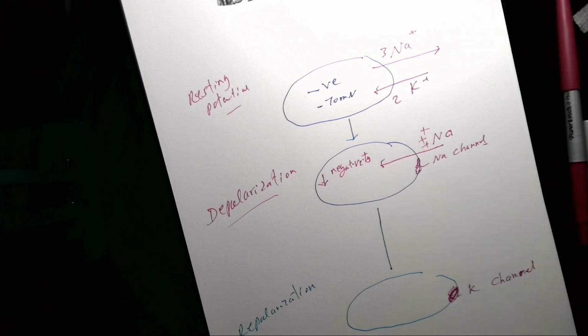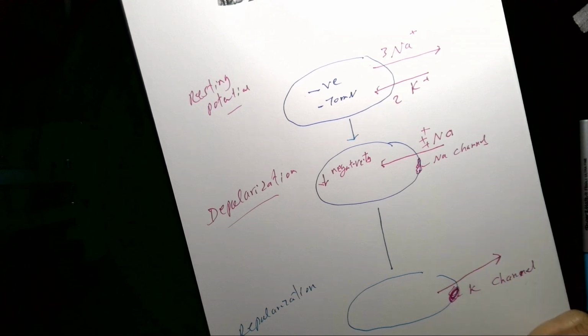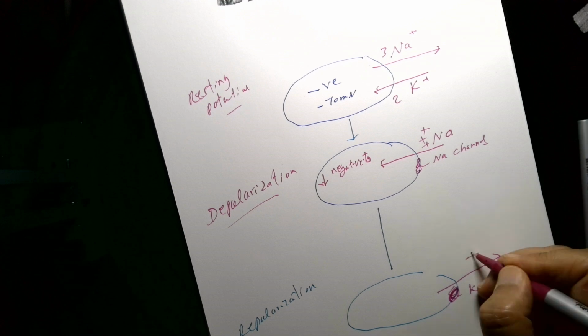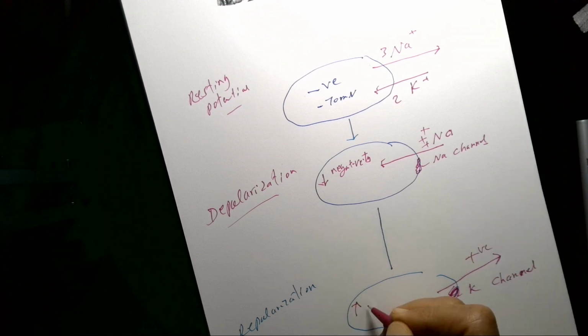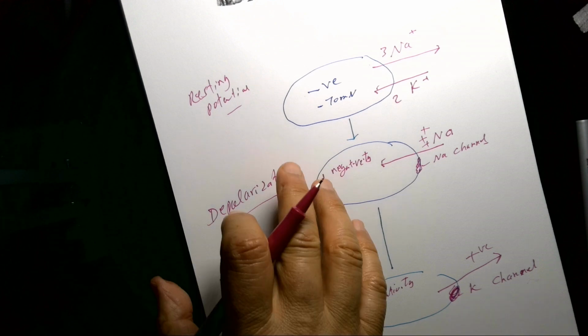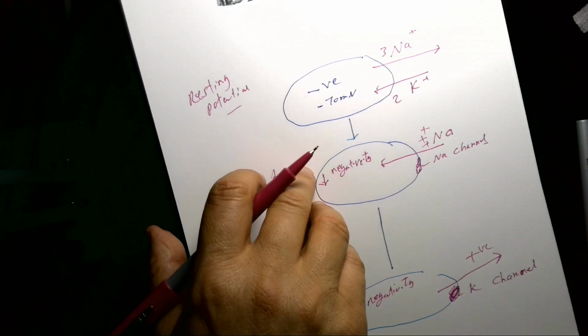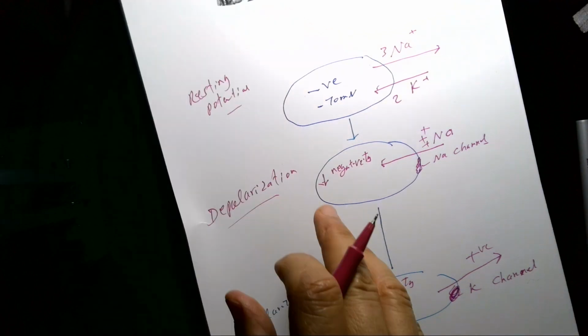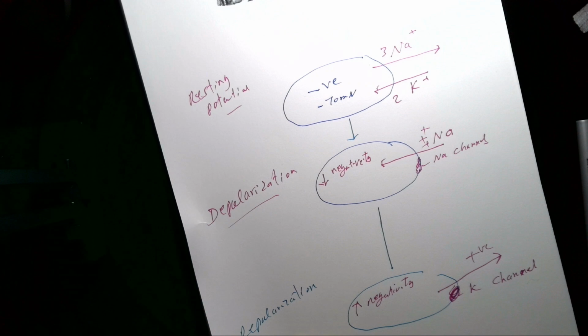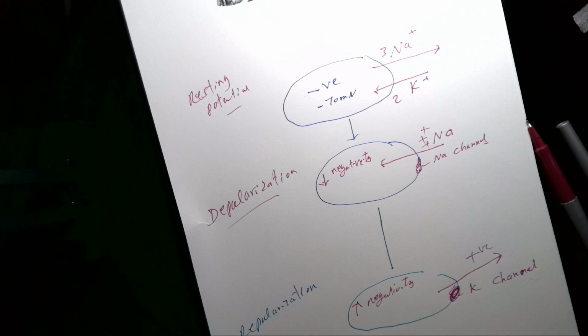When you open the potassium channel, you lose potassium out, which means you lose positive charge, so the negativity inside increases, and this is what we call repolarization. This is the action potential, just a simple overview as an introduction to more details coming on. Okay, so thank you. I hope this helps when we discuss the details of the nervous system later on.